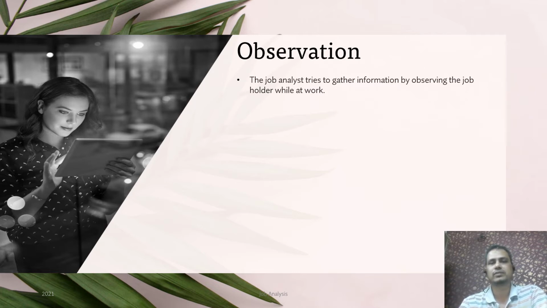You look into the job by way of observation, where the job holder is performing in real time, and you try to understand what tasks and duties are involved in performing the job, what the expected result is, and what result has come out of it. The analyst can tell what type of requirements are there for reaching the expected levels of performance in a particular job.